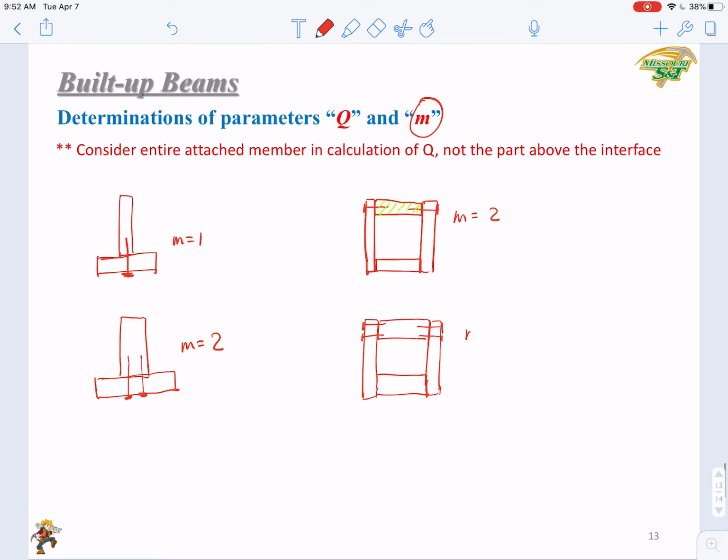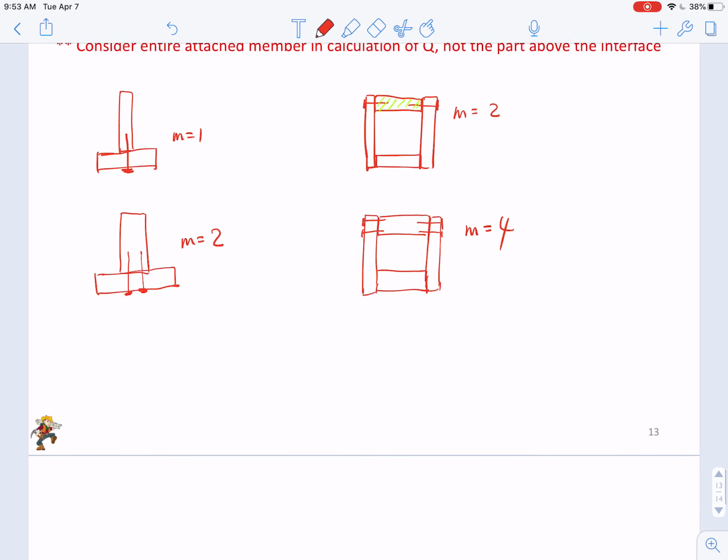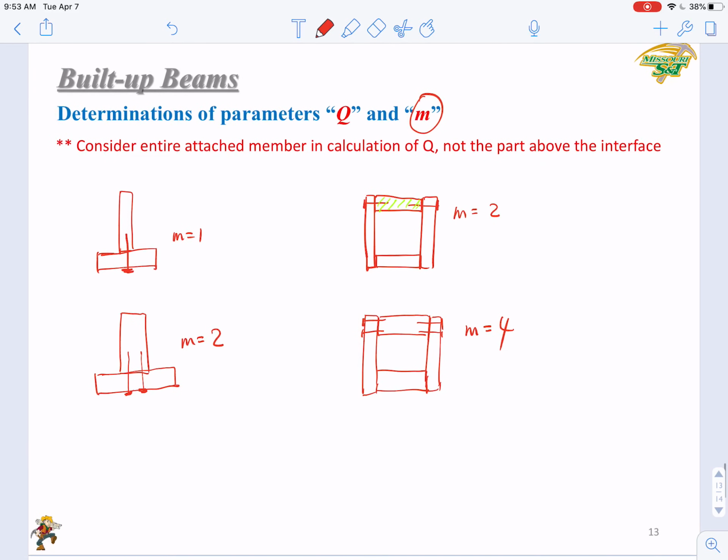So what is the M? 4, right? So later I will give several specific examples to illustrate all of these theories, how to use these theories to solve practical problems.